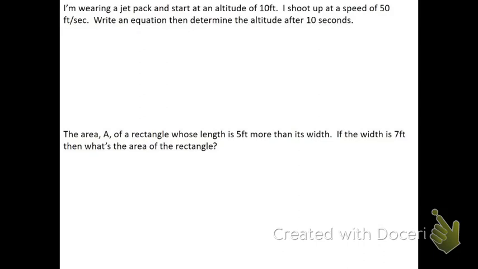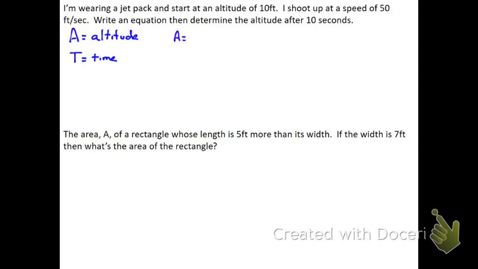So for my two variables, I'm going to have A for altitude, and again that's my output, and T for time, and we're going to represent time by seconds in this problem. So as I write this, I've got my output or my dependent variable A, my altitude.